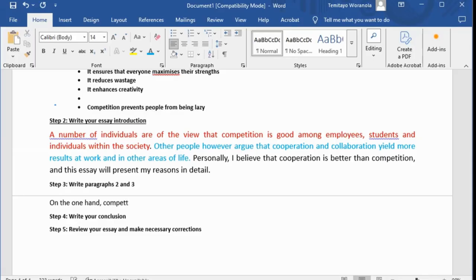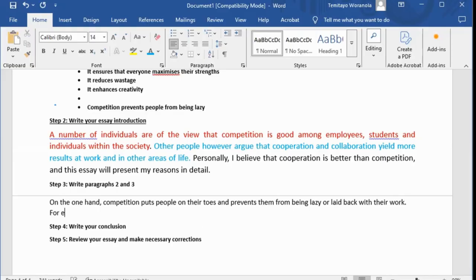competition puts people on their toes and prevents them from being lazy or laid back with their work.